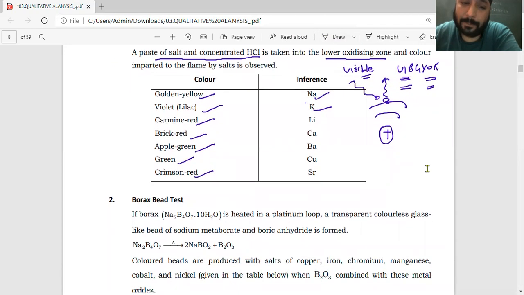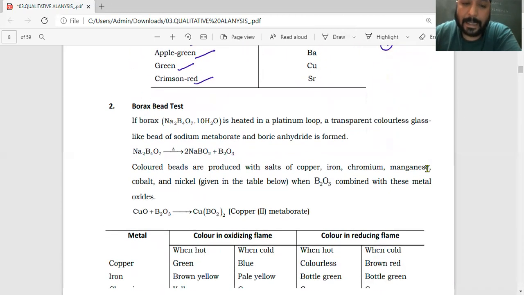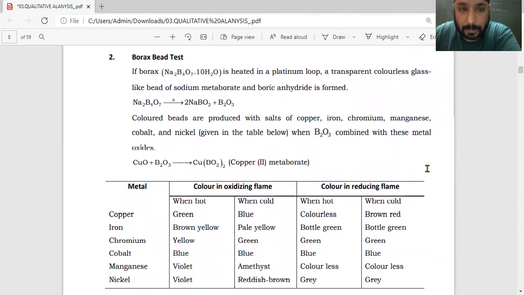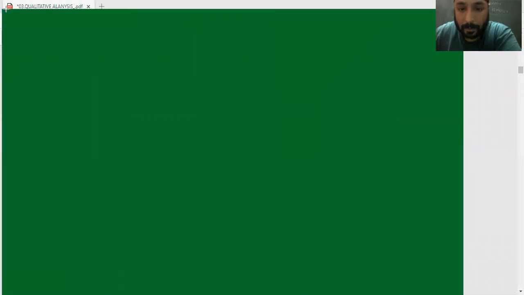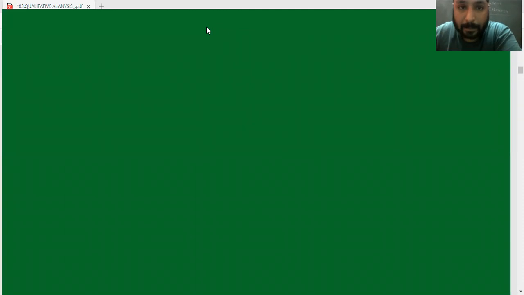Now after the flame test, we have the borax bead test. I'll just give you an introduction about the borax bead test. Just understand what exactly is going on over here. Now understand that I'll take borax. What is borax?